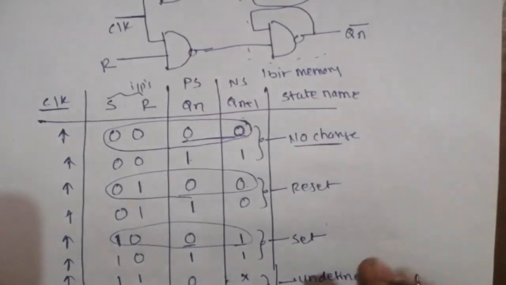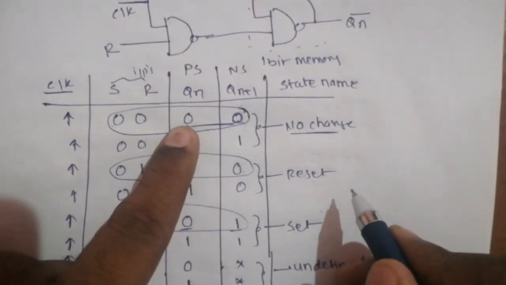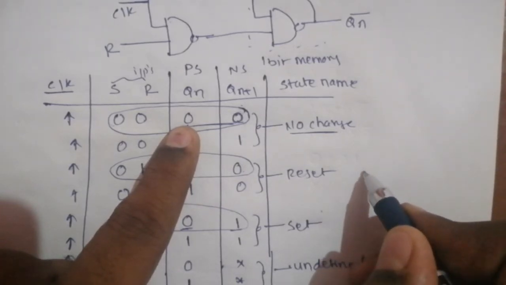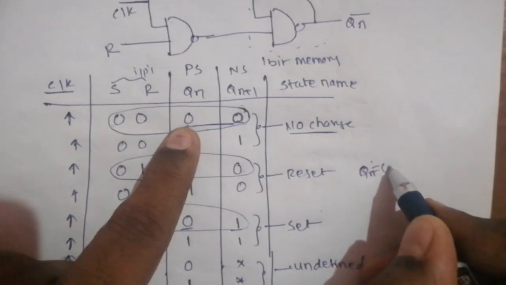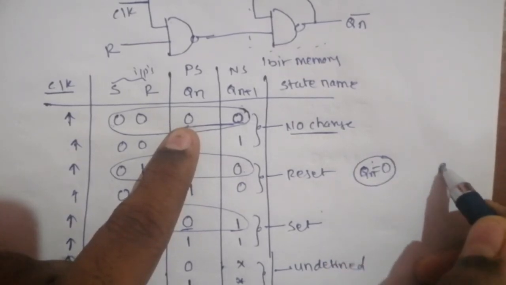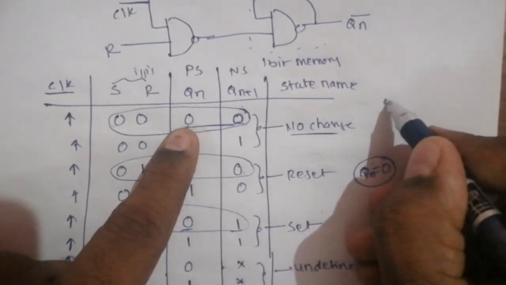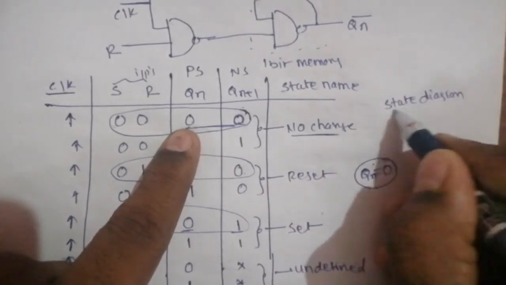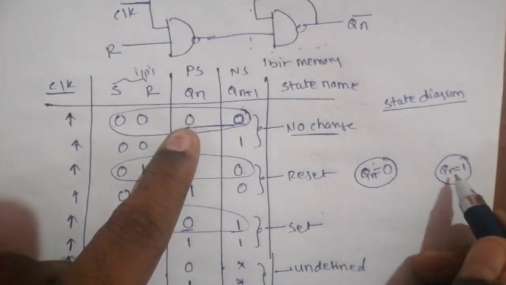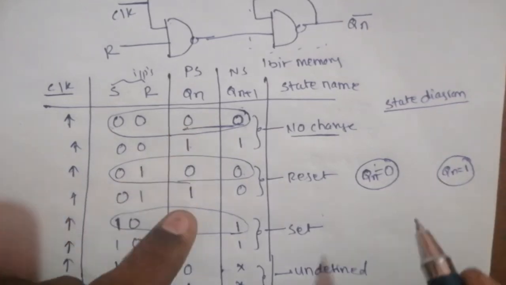Now I will draw the state diagram. Here 2 states are there, Qn and Qn plus 1. You can consider the Qn is equal to 0 state and the Qn is equal to 1 state. I am drawing the Qn equal 0 state and the Qn equal 1 state; two present states are there, either 0 or 1.